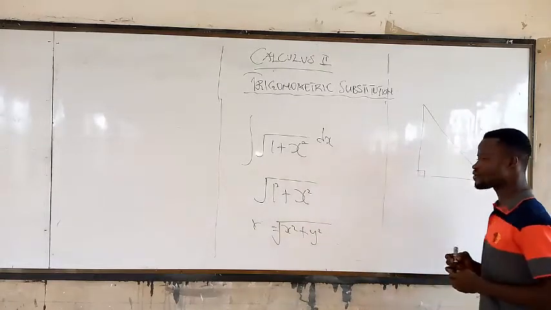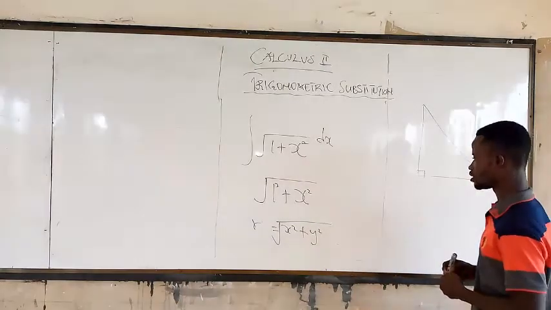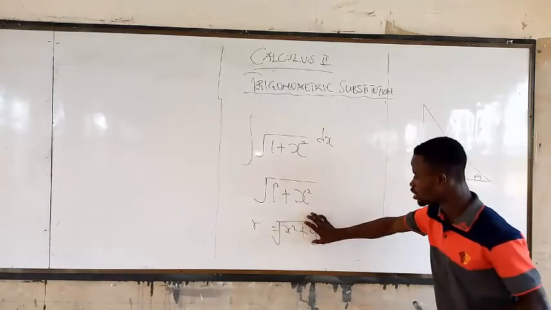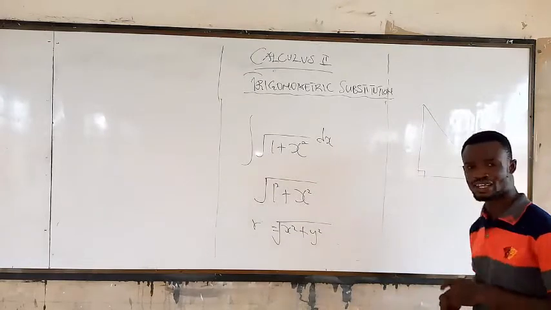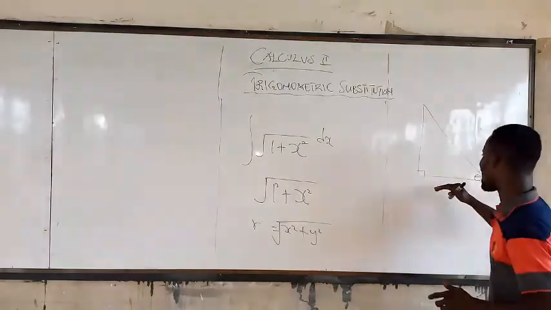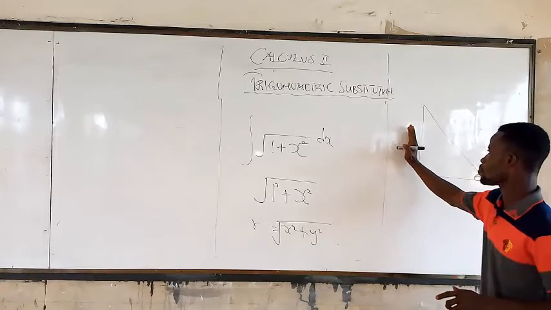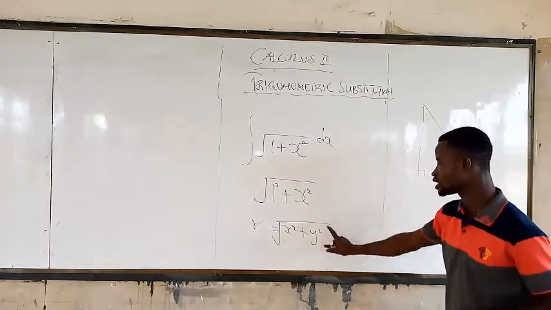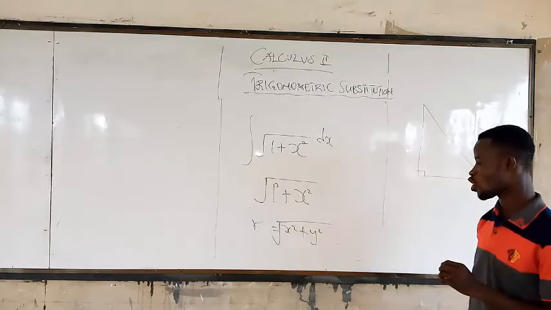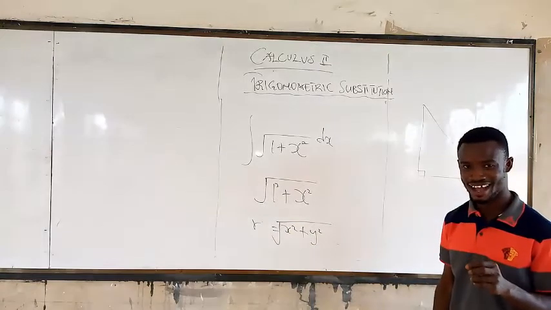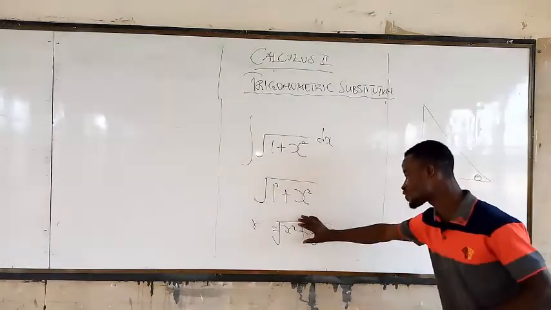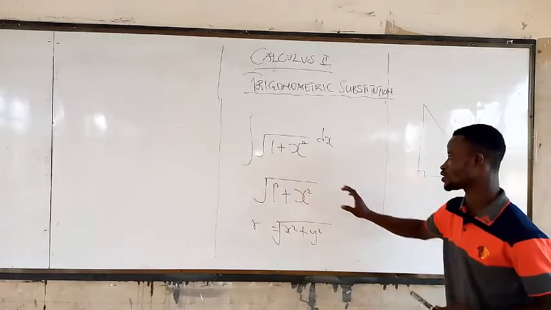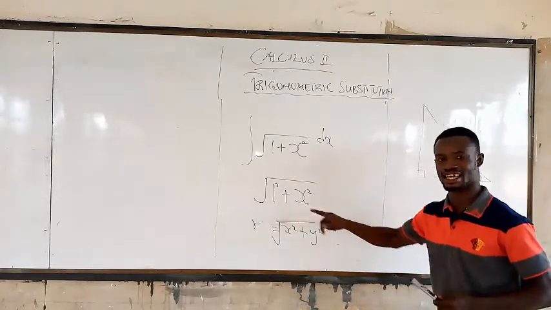If that is the case, when we draw our right angle triangle and represent the angle here by theta, we have the adjacent, the opposite, and the hypotenuse. But is this going to be a hypotenuse or a side? Straight away, this is going to be the hypotenuse because of the plus here.